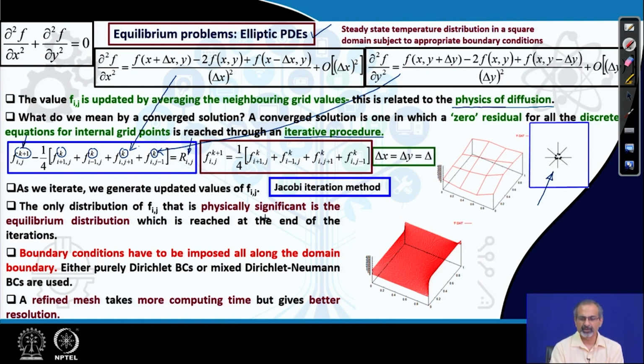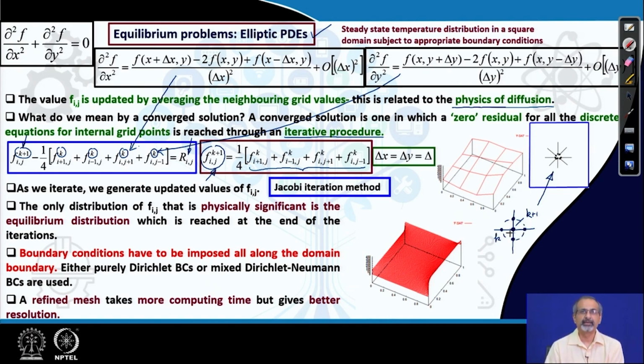So, what you can figure out is that you can take the current iteration level values of f I plus 1 j, f I minus 1 j, f I j plus 1 and f I j minus 1 to generate the next iteration level values of f I j. So, what we mean to say is that the central point will be taken to the next iteration level value based on values of its immediate neighbors, which are coming from kth iteration level.